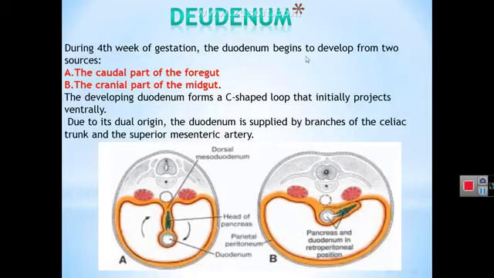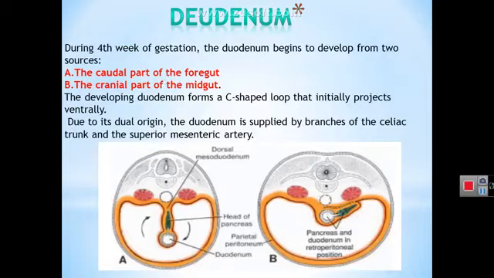So the duodenum begins to develop from two sources: the caudal part of the foregut and the cranial part of the midgut. The junction of these two parts is directly distal to the origin of the liver bud.